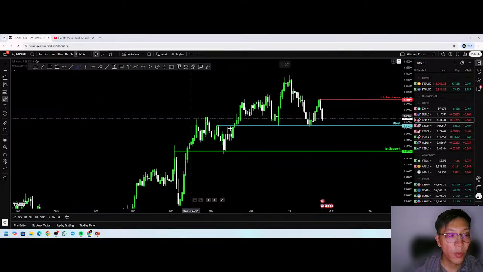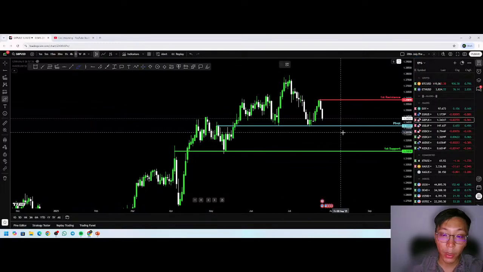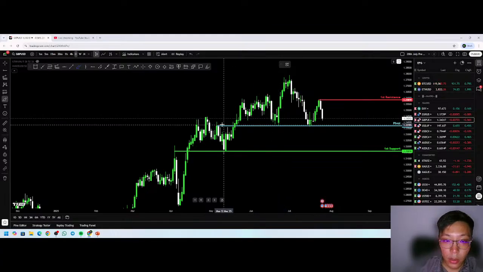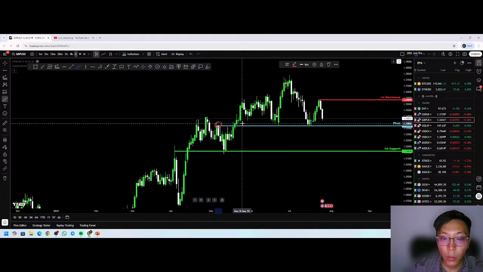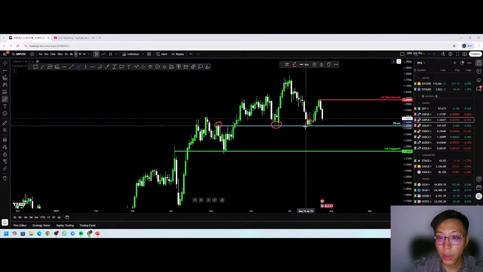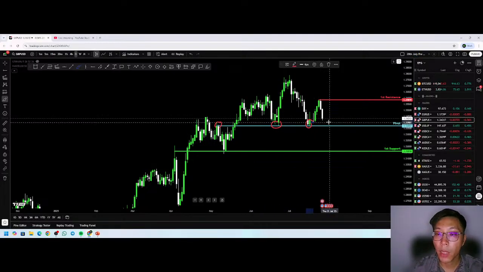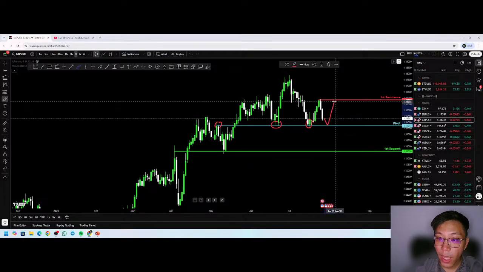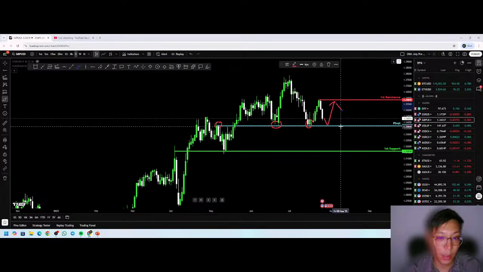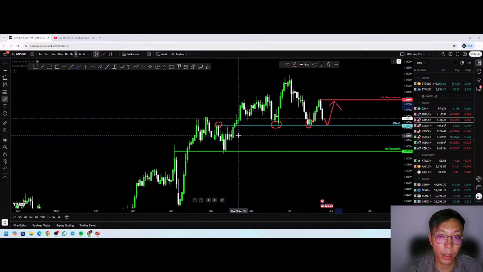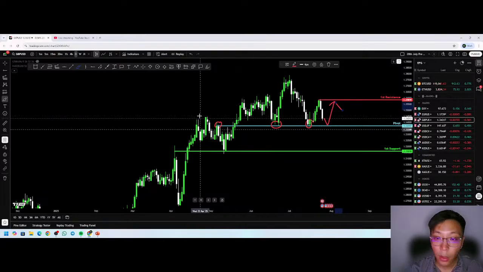We have chosen this as our pivot point because we have multiple touches right about here, so this is a strong overlap support level. So there might be a possibility that price would react to this pivot point and then have a bounce towards this first resistance before making any other movements.